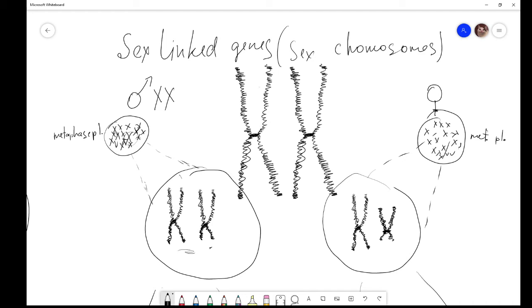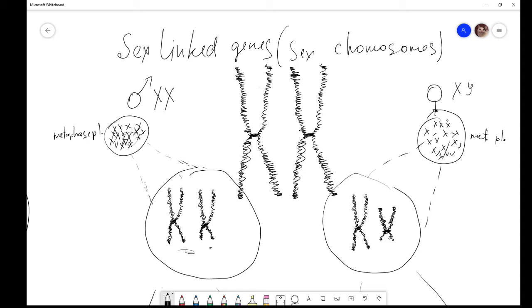And males have one X chromosome and one Y chromosome. There is one Y chromosome. I use letters, Latin names of letters, not English.